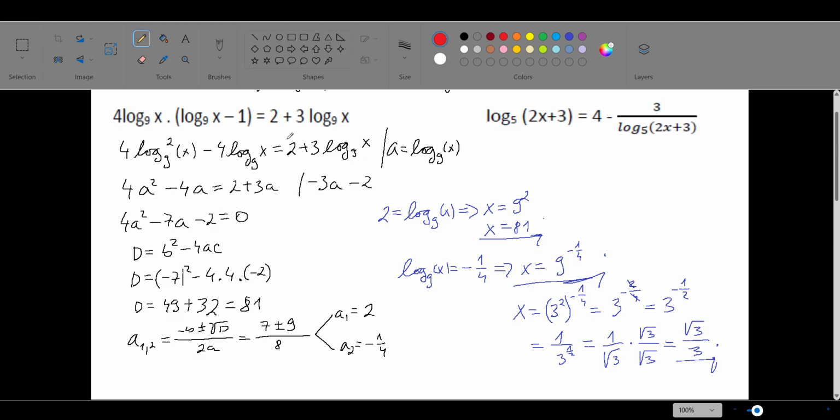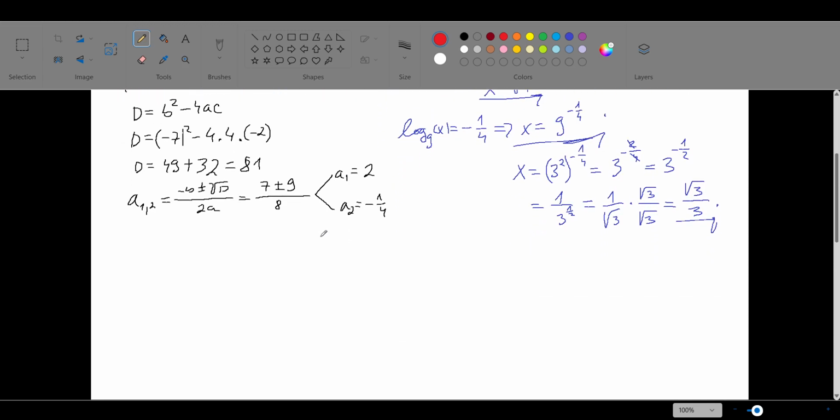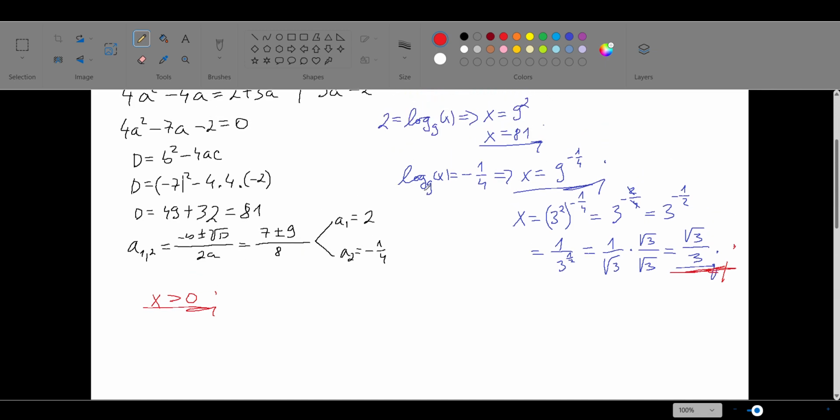And in this case we are, let's say, lucky because there is only one logarithmic function, and it is log base 9 of x, and as we already know, the function is defined if and only if the argument is greater than 0. So as you can see, our argument should be greater than 0. Both our roots are greater than 0, so they fit the condition and of course they are the solution of the first logarithmic equation.